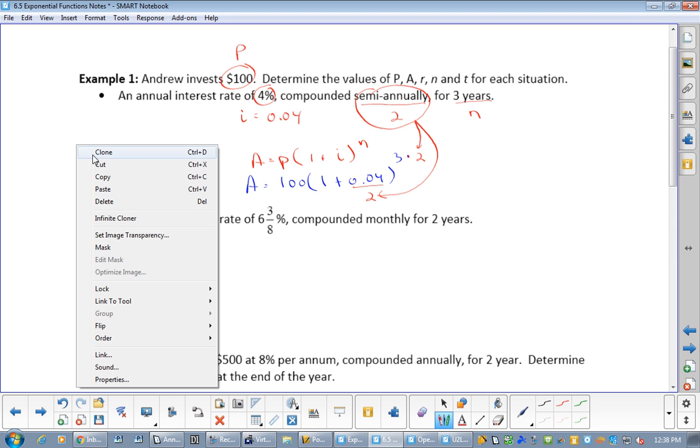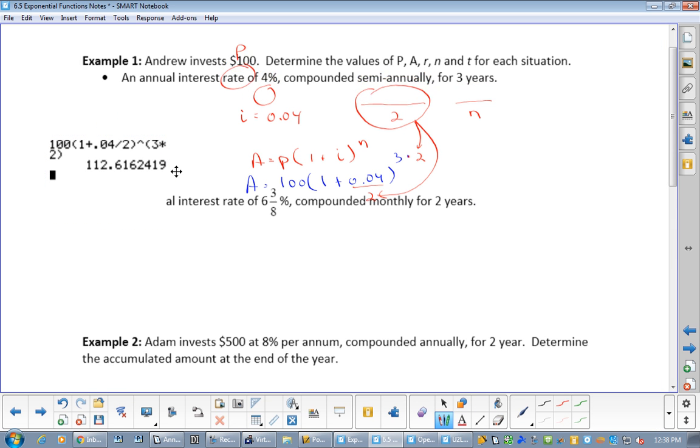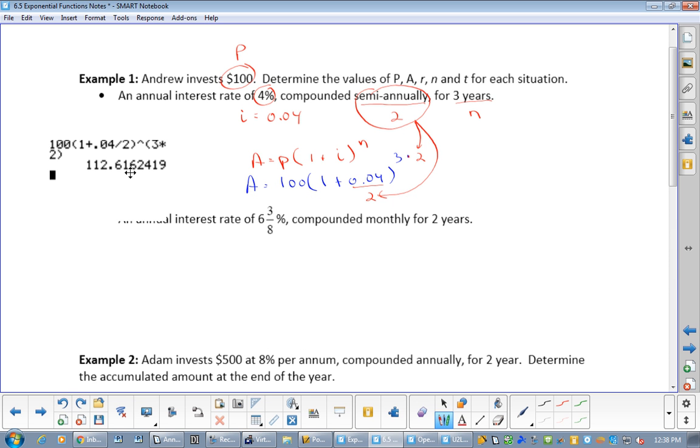Okay, you need to look at my screen and make sure, the screenshot here, that you have exactly what I have, or else, of course, you probably will not get it right. So 100 times 1 plus 0.04 divided by 2, shut my bracket to the exponent button, open bracket, 3 times 2.